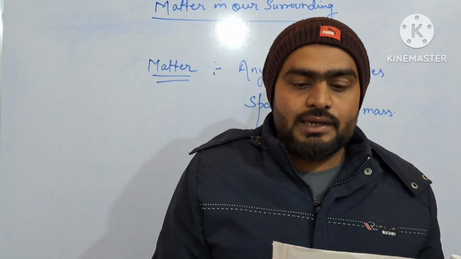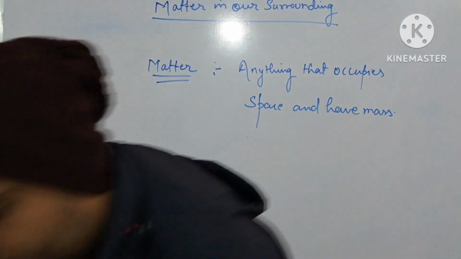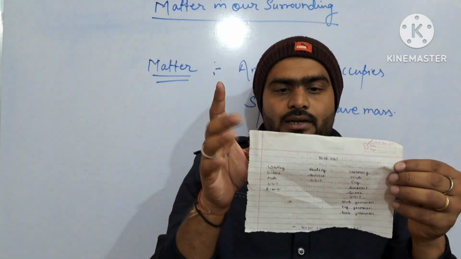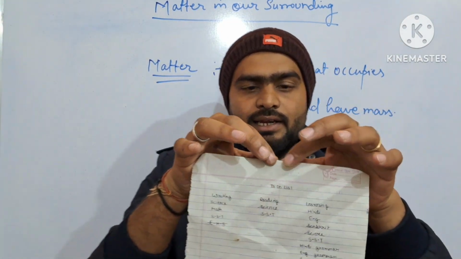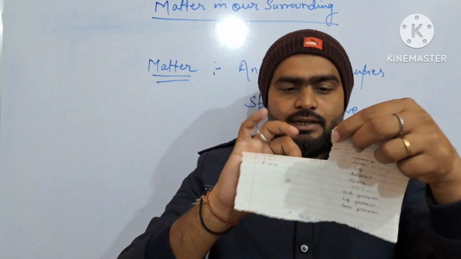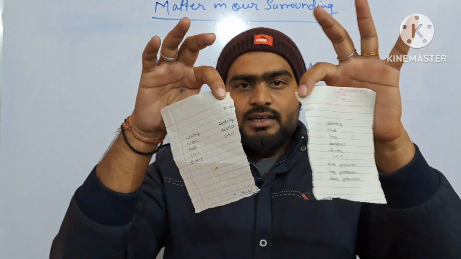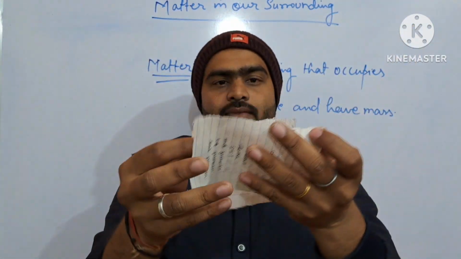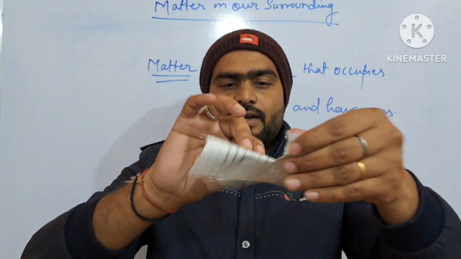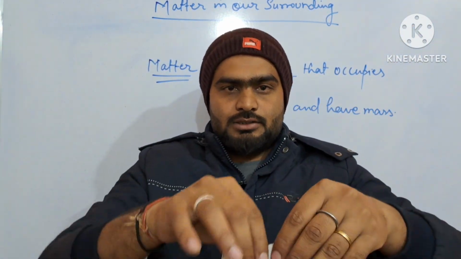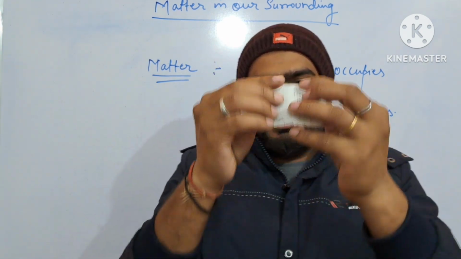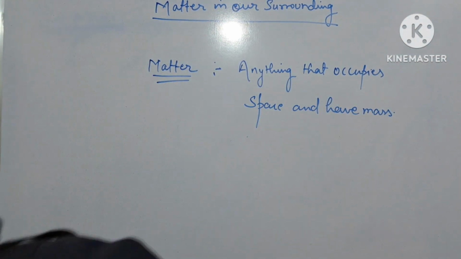It looks like a continuous paper, but you can divide it into particles when you tear it. So we can divide matter further into subparticles.